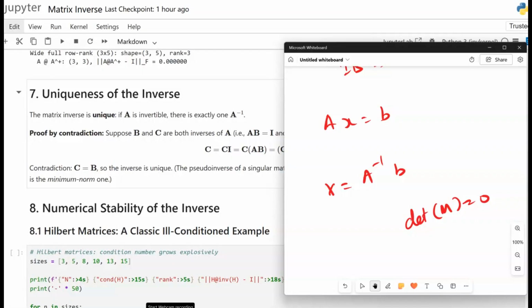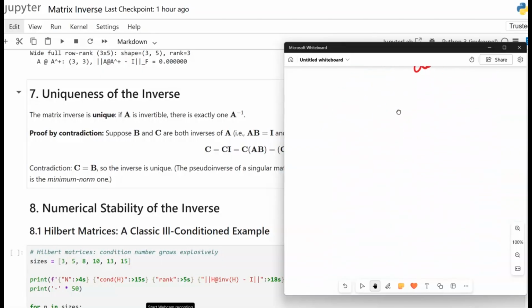Interestingly, there can be many generalized pseudo-inverses for a singular matrix. However, the Moore-Penrose pseudo-inverse is special because it is the unique minimum norm pseudo-inverse. That's why it is widely used in machine learning, especially in least squares problems, linear regression, and neural network optimization.